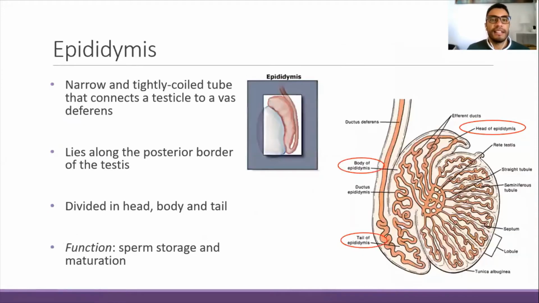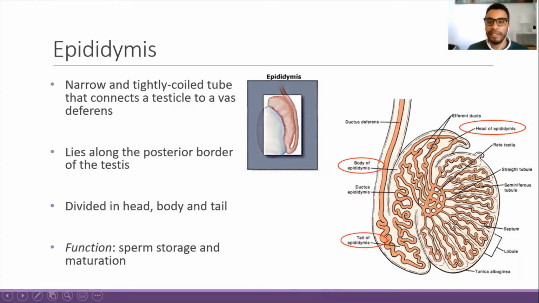And then we have the epididymis. The epididymis is this dilated area that is a narrow and tightly coiled tube that connects a testicle to a vas deferens. It lies along the posterior border.